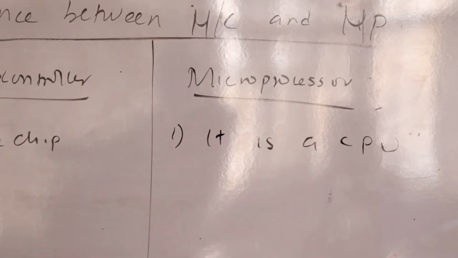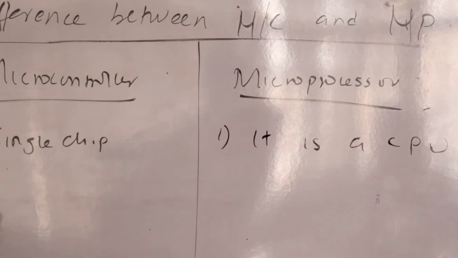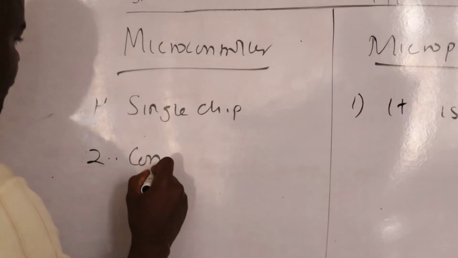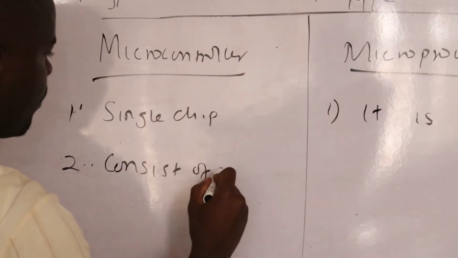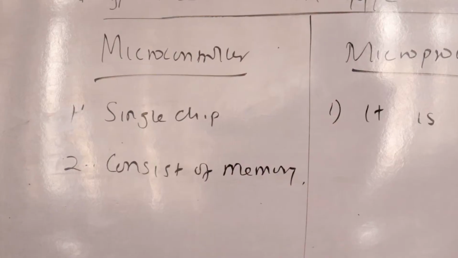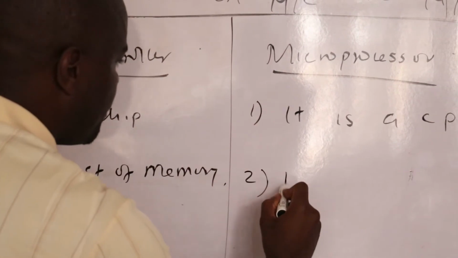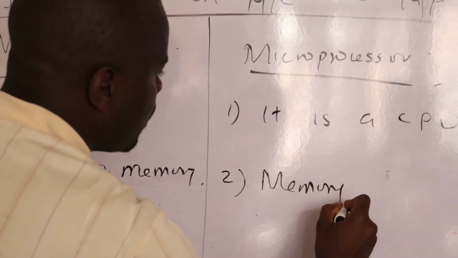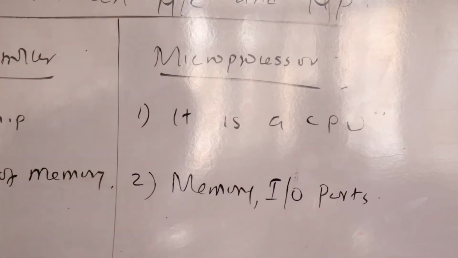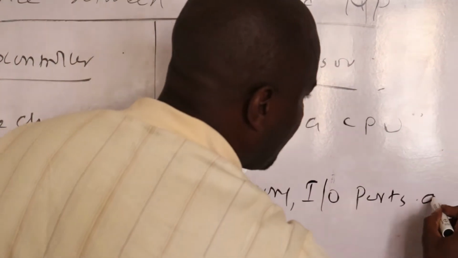Another difference is that the microcontroller usually consists of memory and I/O ports, while for the microprocessor, the memory and I/O ports are connected externally.